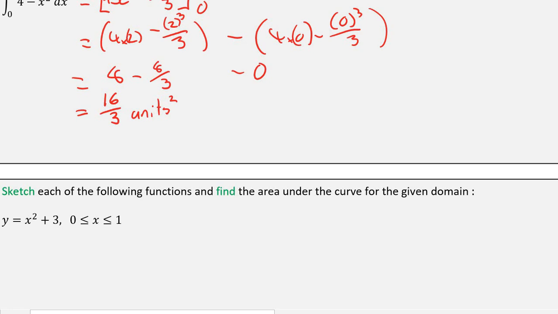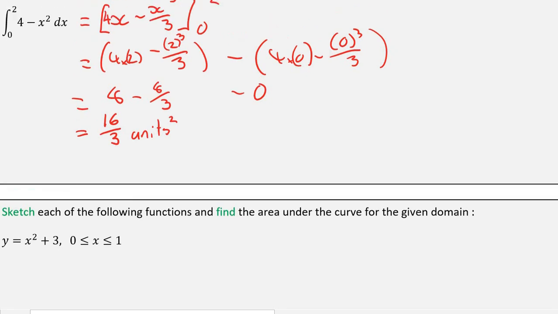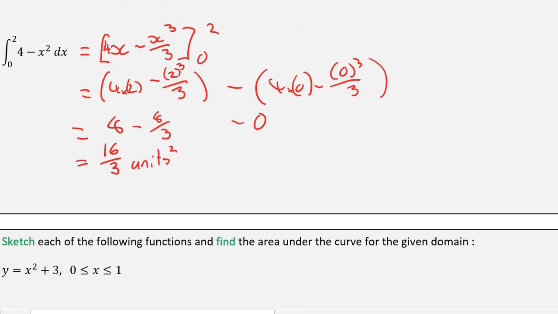So for that one that we just did, we had from 0 to 2 of 4 minus x squared dx, and it gave me 5.3333, which if I go to math, put that as a fraction, 16 thirds. Very handy.